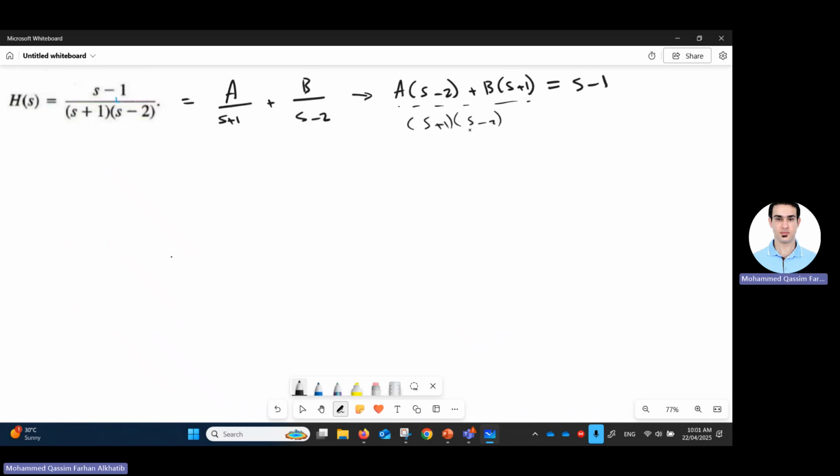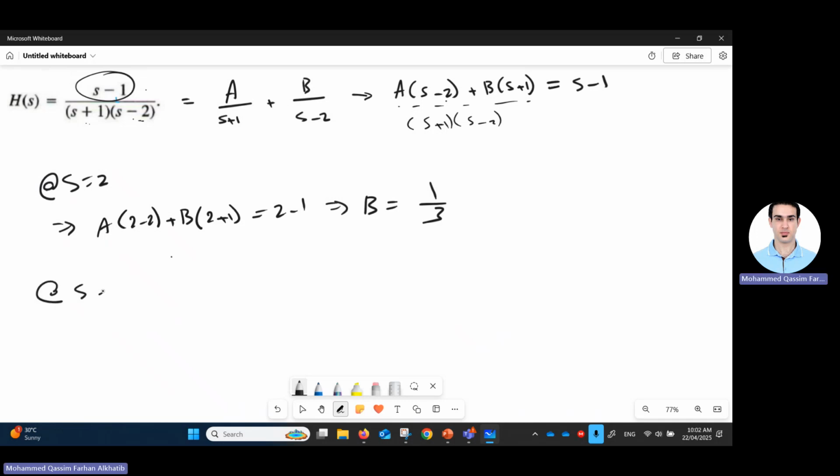Since the denominators are the same, the numerator has to be the same. All right, so let's try at S equal 2. So in this case, A(2 minus 2) plus B(2 plus 1) equal 2 minus 1. So in this case, B equal 1 over 3, right?